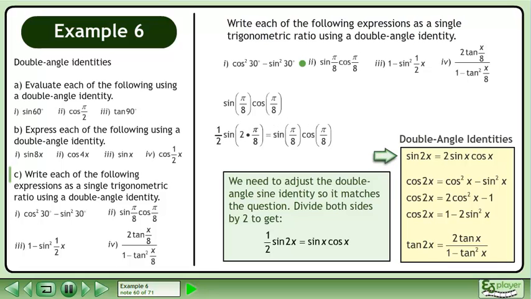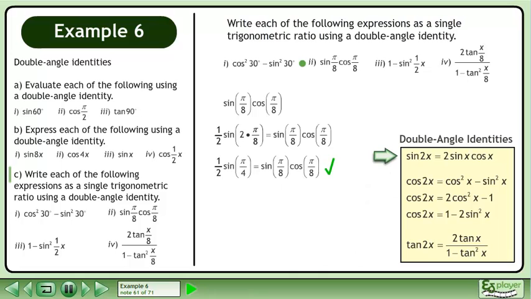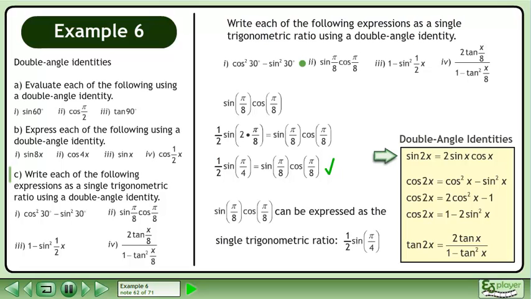Plug pi over 8 into the left side of the equation. This gives us 1/2 sine pi over 4 equals sine pi over 8 cos pi over 8. Sine pi over 8 cos pi over 8 can be expressed as the single trigonometric ratio 1/2 sine pi over 4.